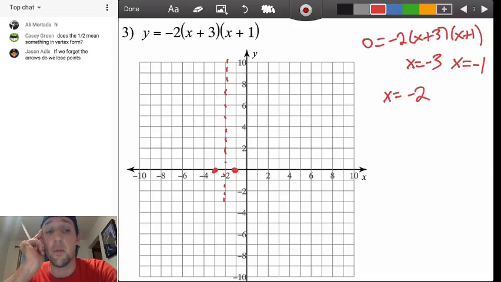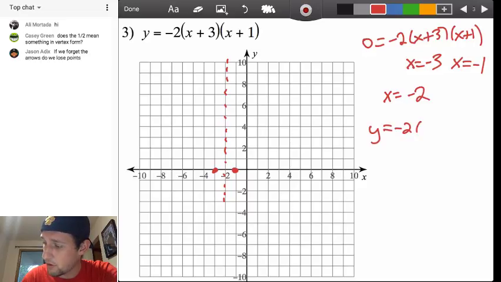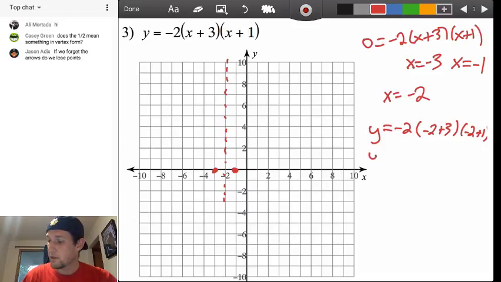Now, to figure out the y value, once you know the x value, same deal as in standard form. You do have to plug that in. Okay, so we'll do that. And we get, doing a little mental math, looks like -2 times 1 times -1, that's a +2. So -2, +2 is our vertex.